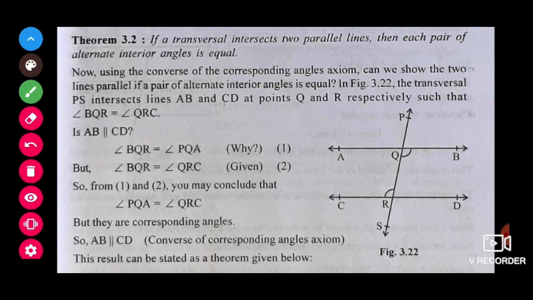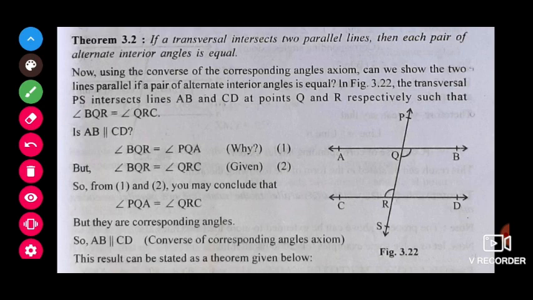Here, in figure 3.22, a transversal PS is passing through the parallel lines AB and CD, touching them at the points Q and R respectively. What we have to prove now is that BQR is equal to QRC, both alternate angles. We have to prove it is equal.